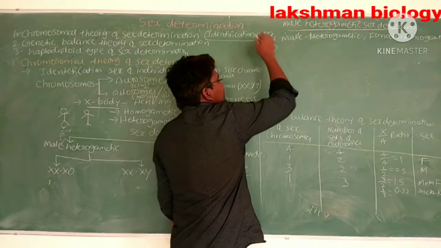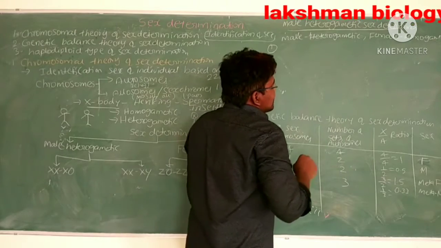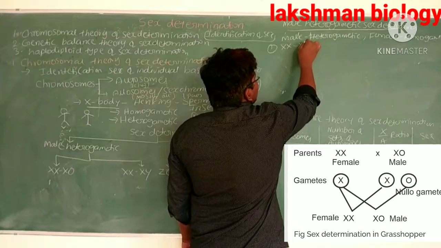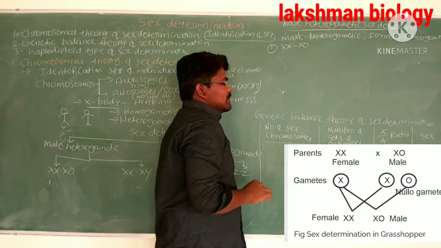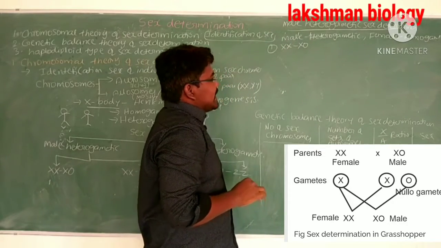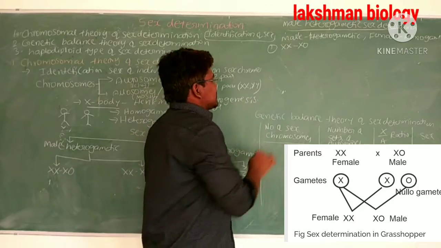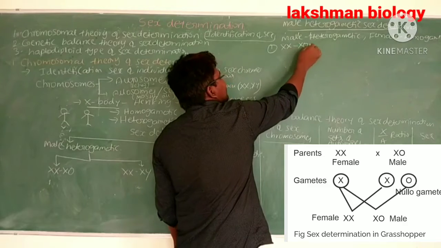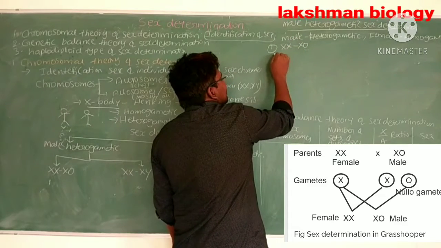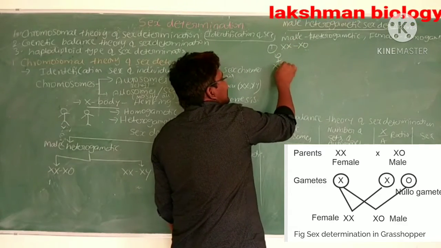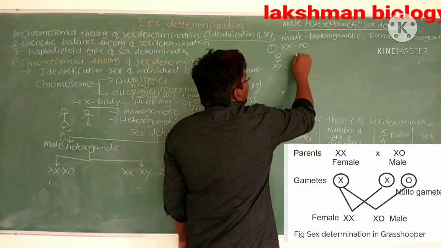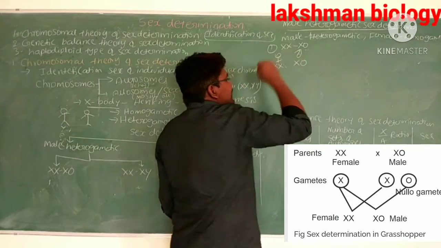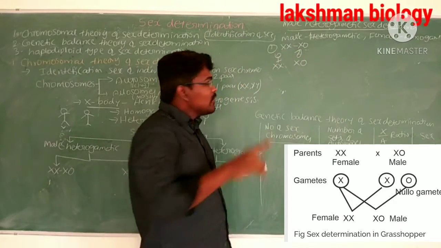The first one in male heterogamatic sex determination is XX/XO type. In this type, the male is heterogamatic and the female is homogamatic. The female contains two X chromosomes, and the male contains only one X chromosome; the other is zero. The female produces similar gametes with the X chromosome.